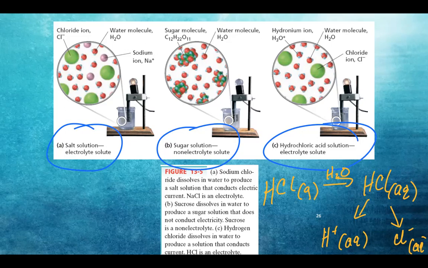However, the hydrogen ion is extremely unstable and will immediately react with a water molecule to form hydronium. Either way, you still create ions. So part A is an example of dissociation. B is just dissolution, or dissolving, and C is ionization because you're actually creating ions.